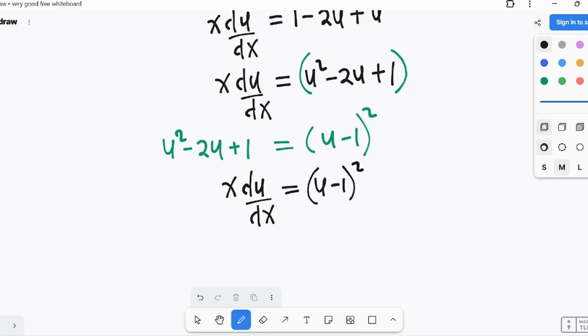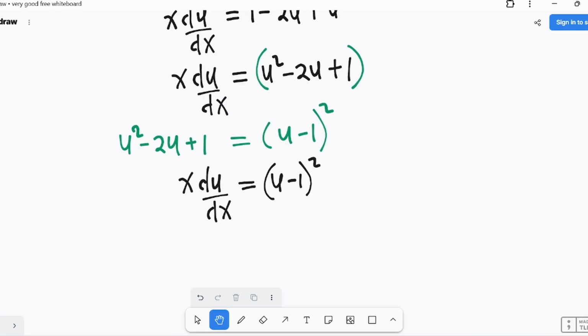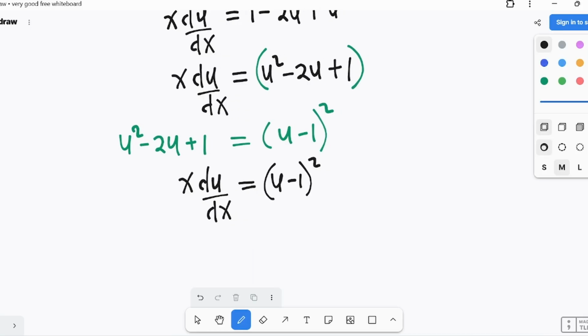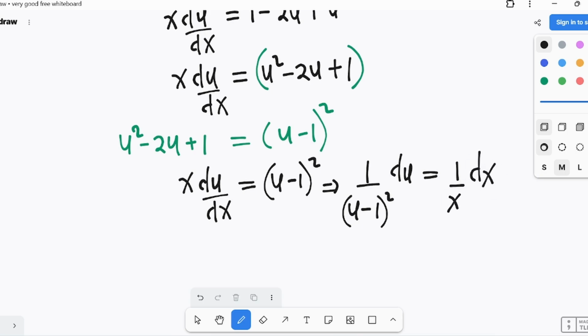Separating variables in simple terms, so we are doing separation of variables. If we separate variables, we shall have 1 out of u minus 1 square du is actually equal to 1 out of x dx.